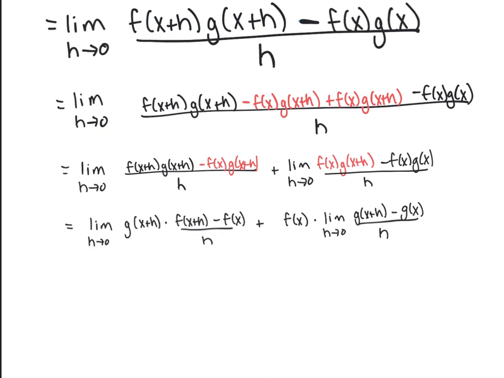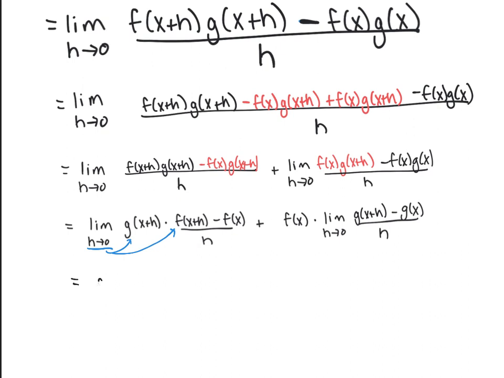Okay, so why the heck did we do that? Well, the reason we did that is these are starting to look an awful lot like derivative definitions. So I have an f of x plus h minus f of x all over h as h goes to 0. And then here I have a similar thing with the g of x. Okay, so with this limit, I can go ahead and replace the h with 0 here. So I'm going to apply this limit to both of these expressions.